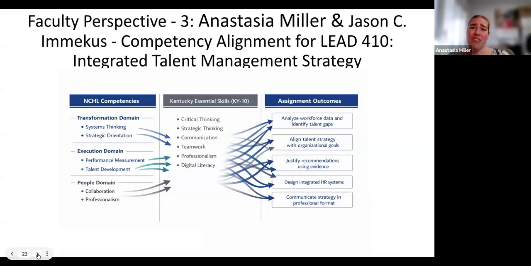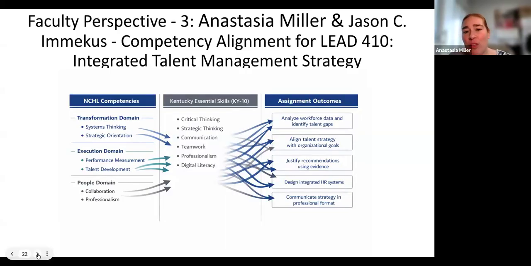So we drilled down, and within the NCHL competencies, we wanted them to do an integrated talent management strategy for their final project because it's an HR course. I know that's being replaced, but it's still used in the field, so we try to stay updated.